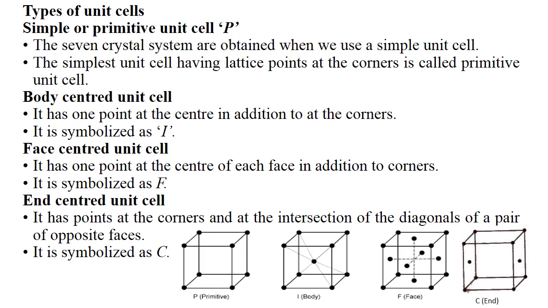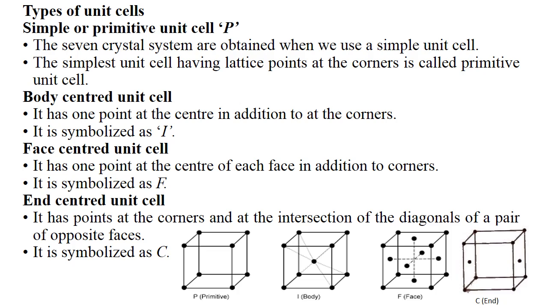These are the types of unit cells. There are 4 types of unit cells. The first one is the simple or primitive unit cell, which is symbolized as capital P. It is obtained in the 7 crystal systems when we use a simple unit cell.